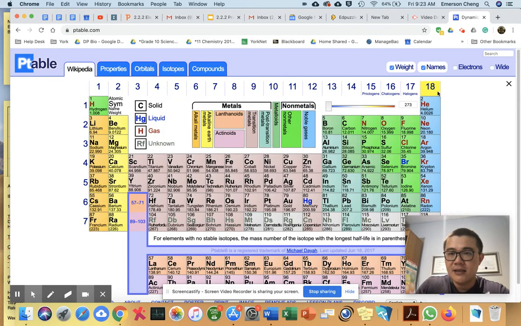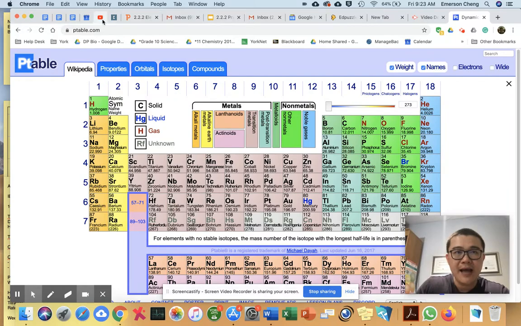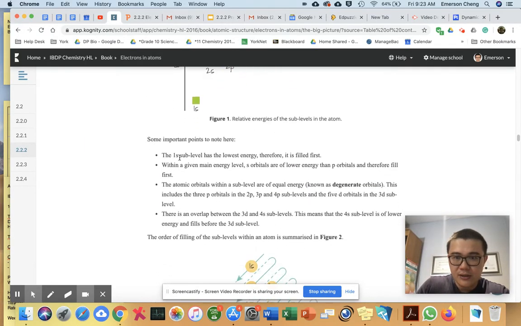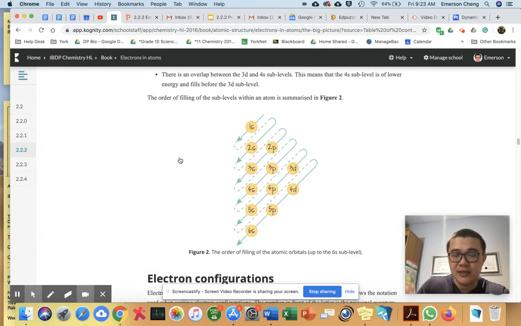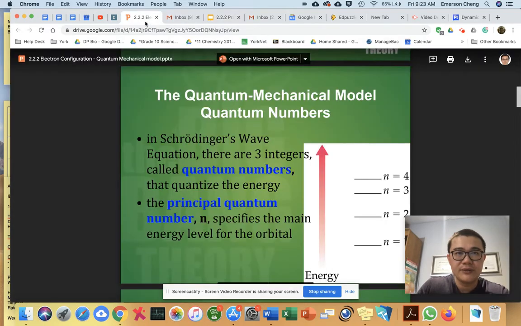So, in this case, if you look back at the configuration part, pretty much all of this is what I was teaching you in the other PowerPoint, the quantum mechanical model about quantum numbers.